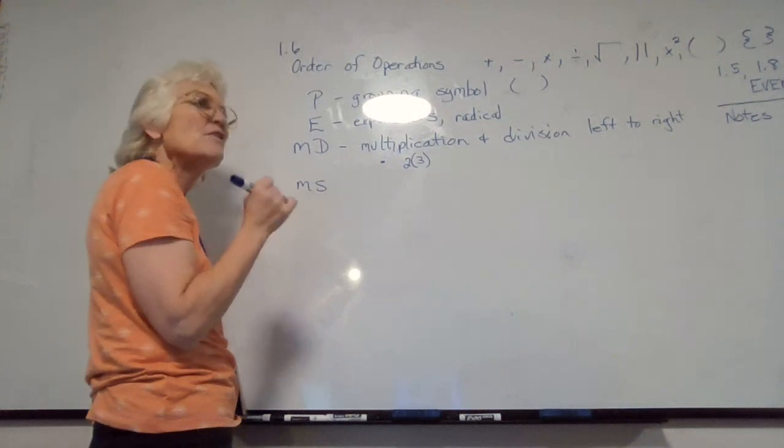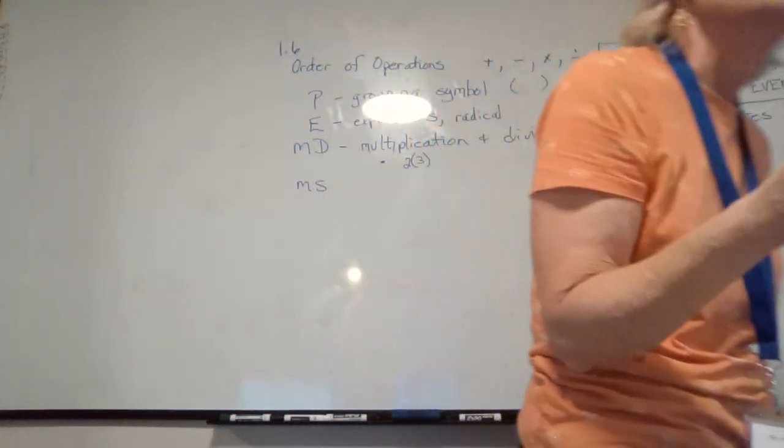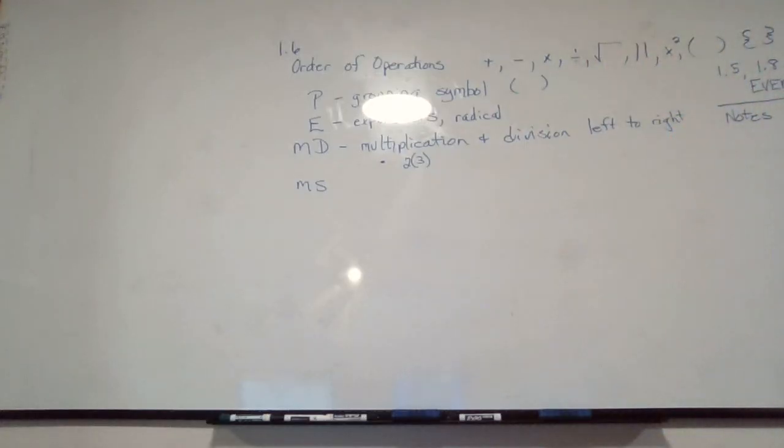We don't use the times sign except in scientific notation. In scientific notation, you do use the times sign. That's an argument between mathematicians and scientists. Scientists have won so far. They still use the X for multiplication in scientific notation. That's the only time we use it anymore.